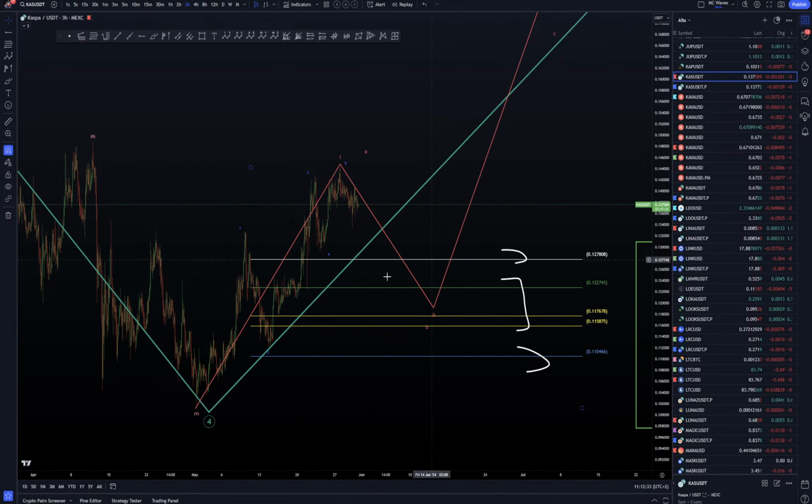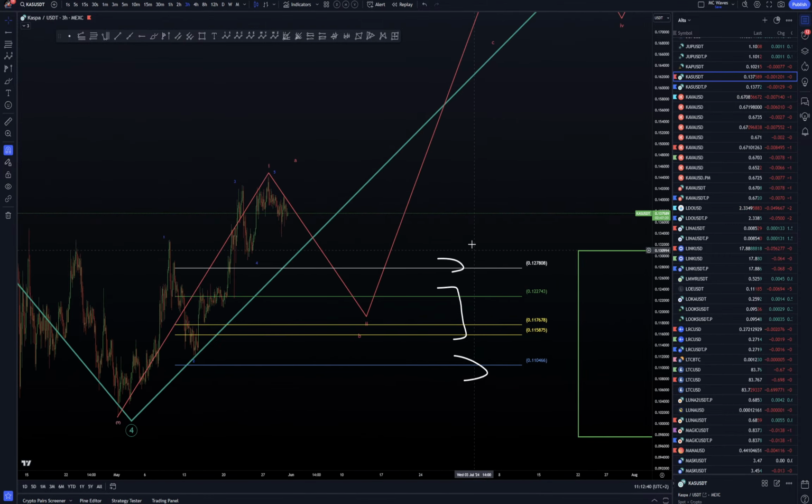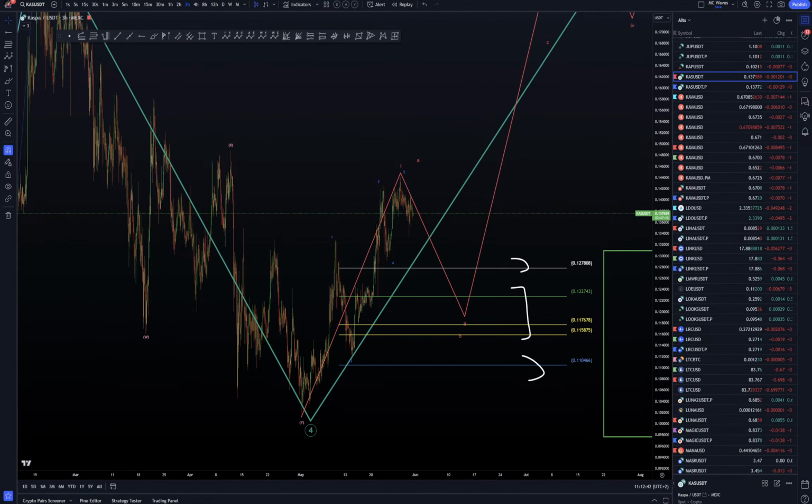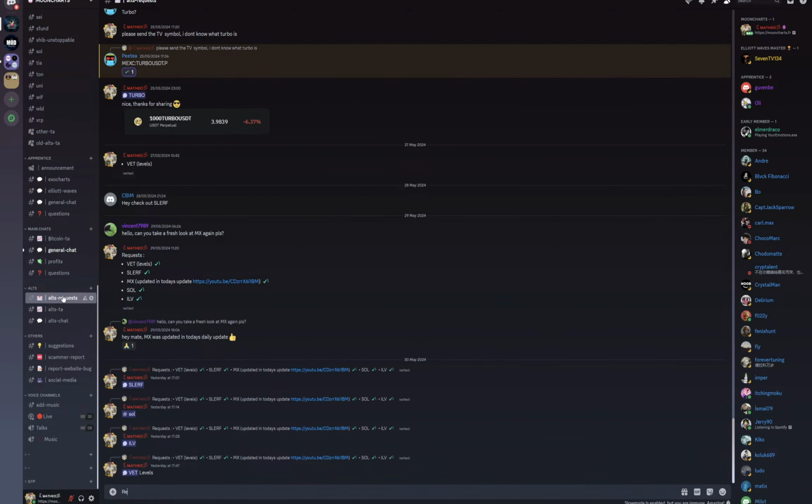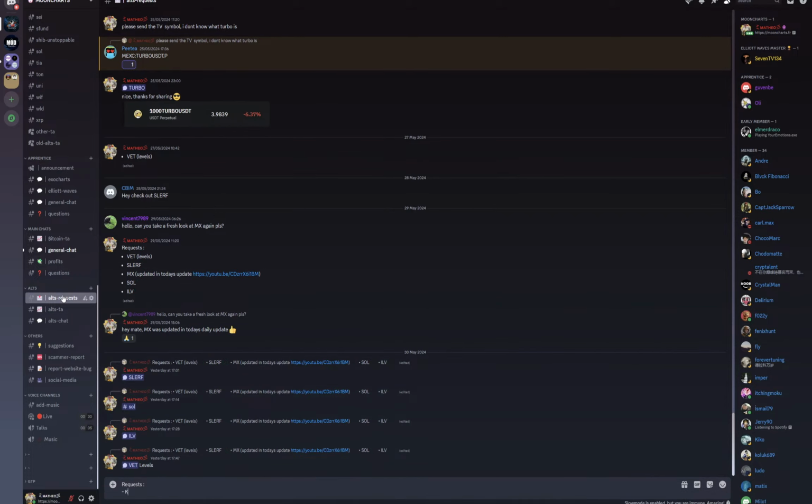So yeah, and now we can just do the levels on your side, or I'm gonna do this later really on the Discord server. I'm gonna pause this, for example. So request. And so it's Kaspa levels.